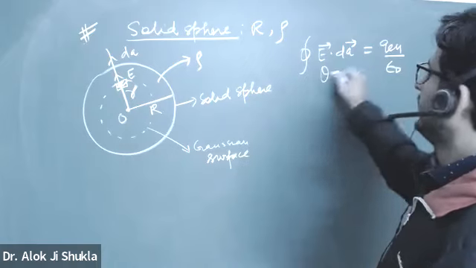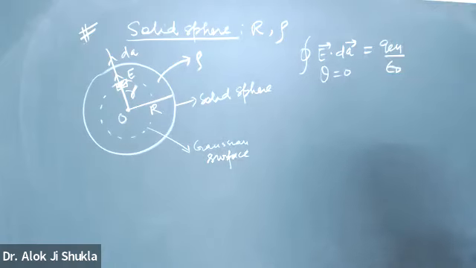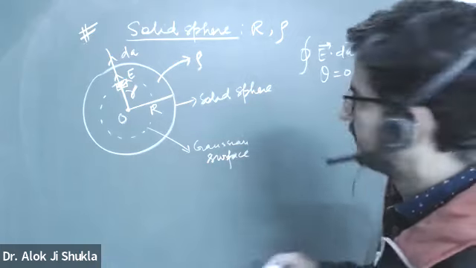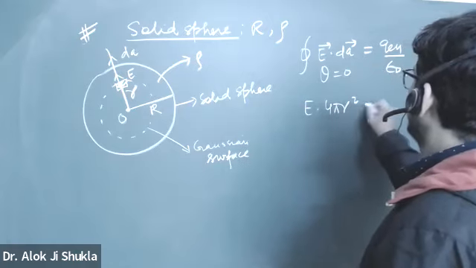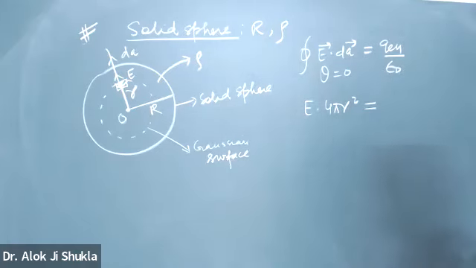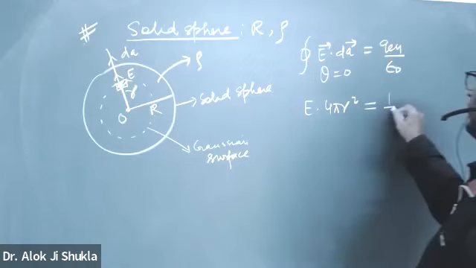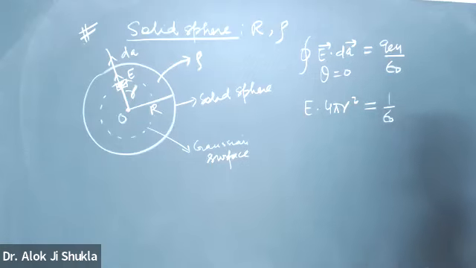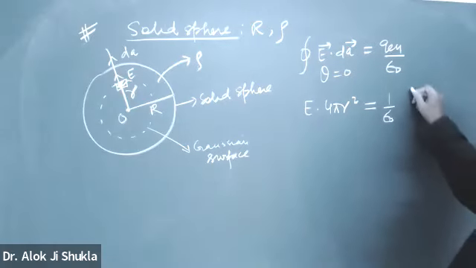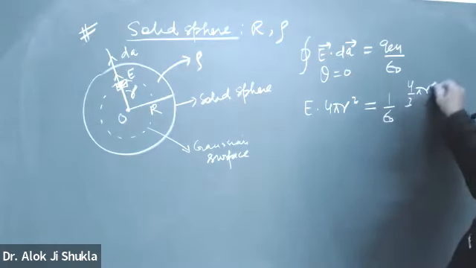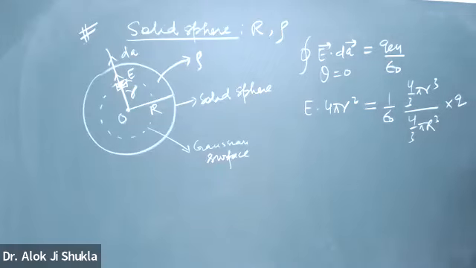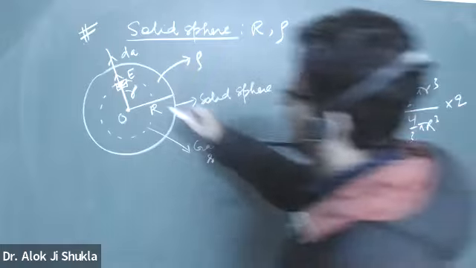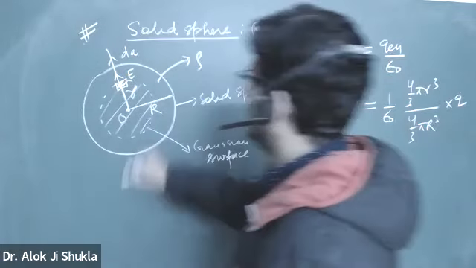Again, theta is 0 and E is constant. If you take E anywhere on the Gaussian surface, it is constant. So E into 4 pi R square is equal to 1 by epsilon naught Q enclosed. Q enclosed will be 4 by 3 pi R cube upon 4 by 3 pi R cube into Q. This will be the charge enclosed by the unitary method.